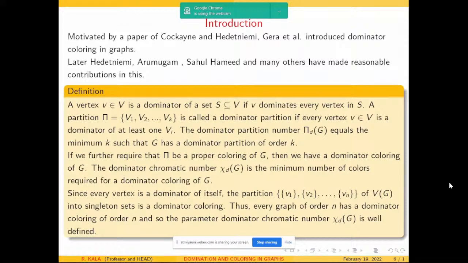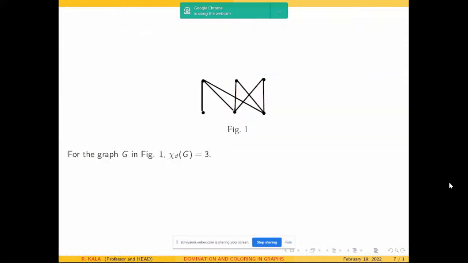Not necessarily the minimum. So the upper bound for my parameter is n, and this shows the existence of chi_d. Any graph will have this dominator chromatic number, so it is defined for every graph.